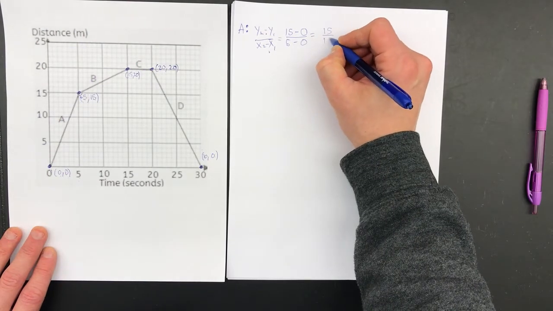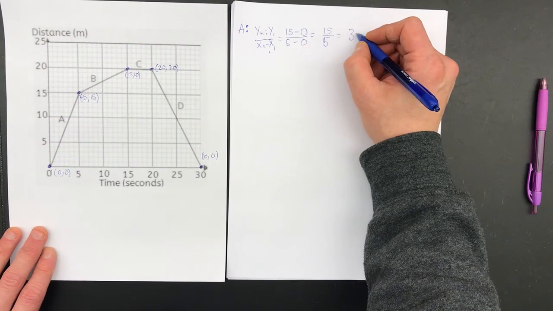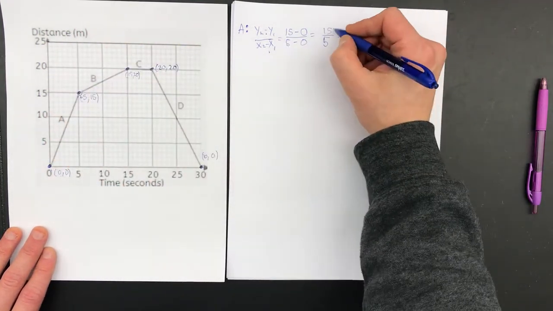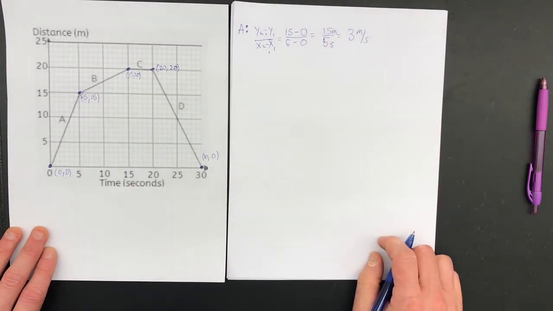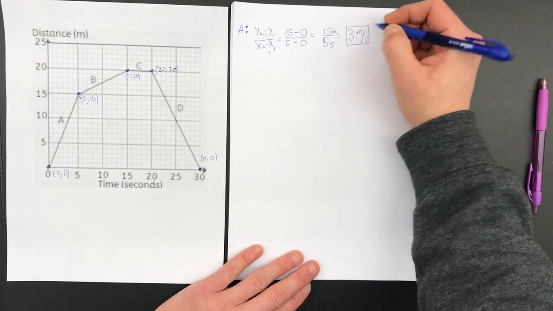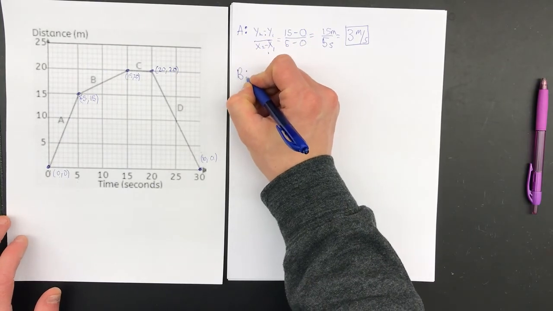You could just do 15 over 5, which equals 3. And the unit is meters per second, because meters was the unit on the top for distance, and seconds was the unit on the bottom for time. So our answer has a unit, not miles per hour, but meters per second. Okay?